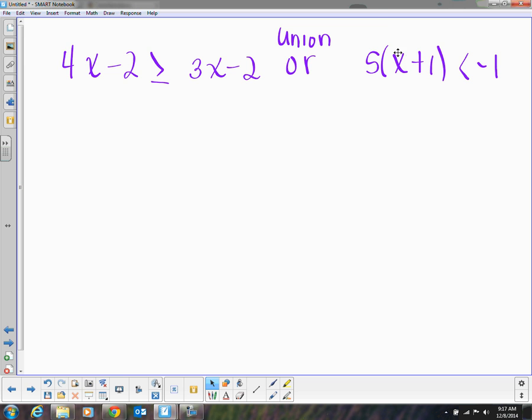Okay, so you might want to make a notation that and means intersection. What do they have in common? Union means you put them all together. This is number 11. What do we do first?